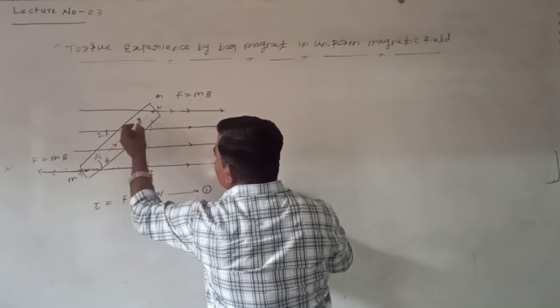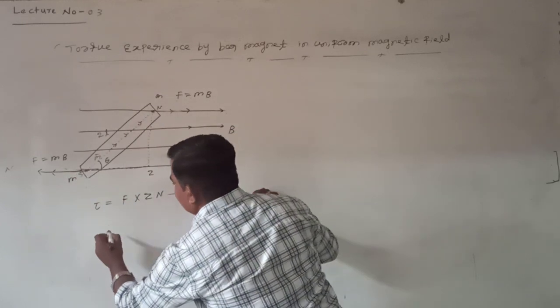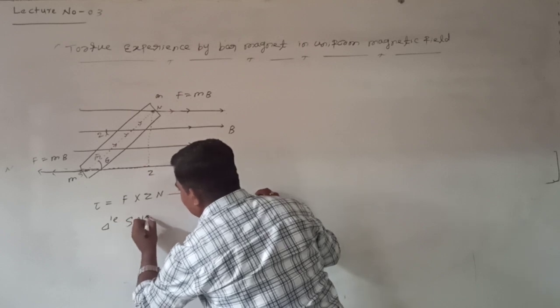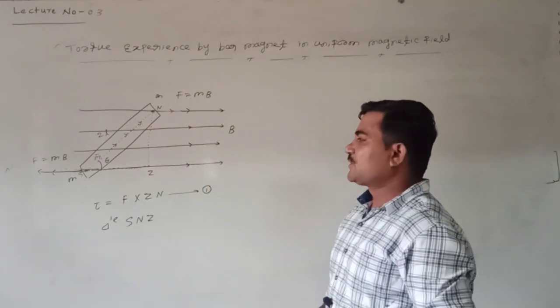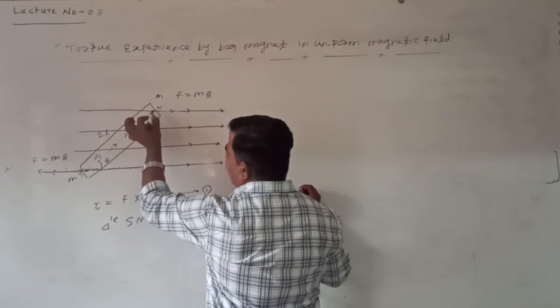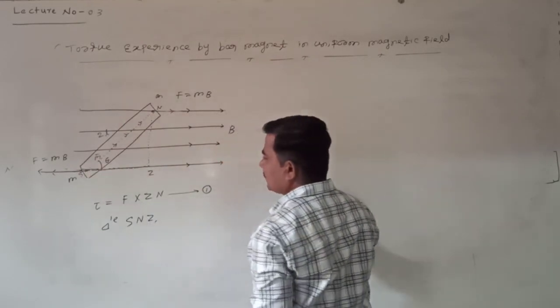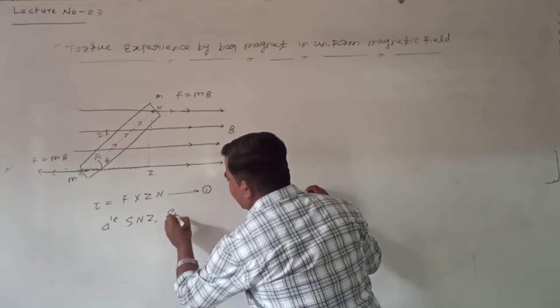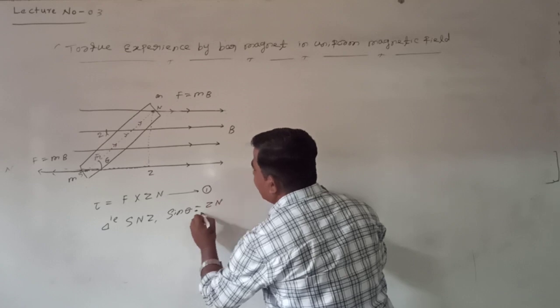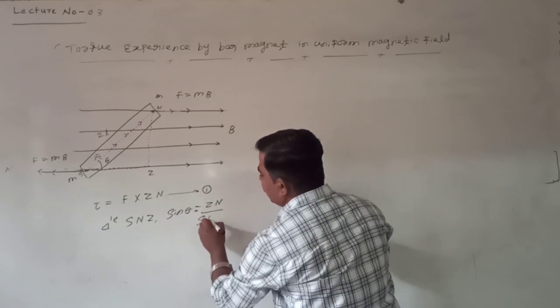I can call it SNZ, which looks like a triangle. So in this triangle, I can take sine theta. What is sine theta? Sine theta is equal to opposite by hypotenuse. Opposite is equal to what value? ZN. What is the hypotenuse?